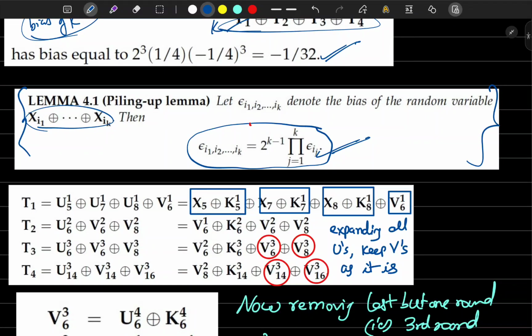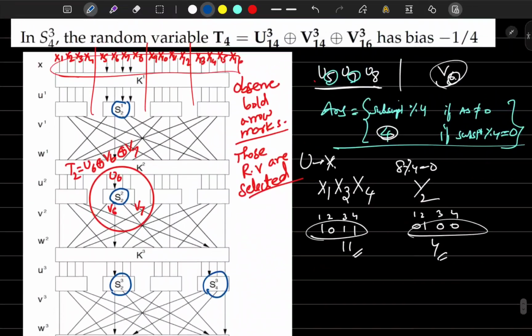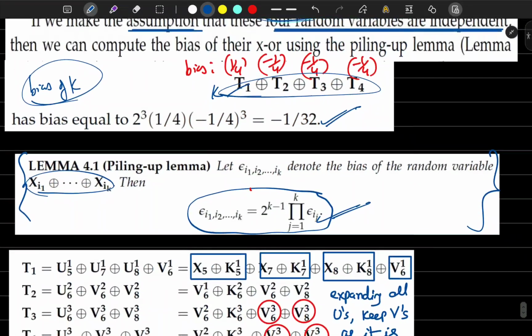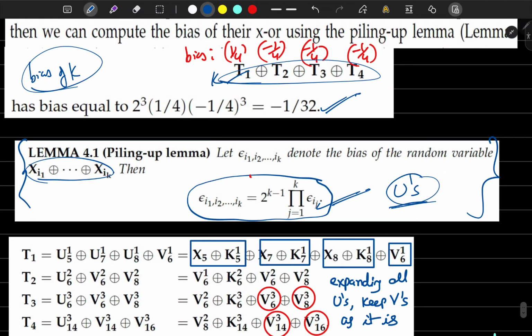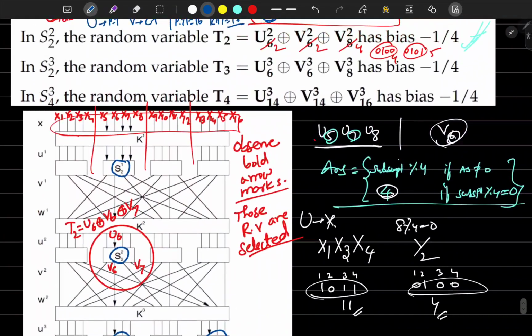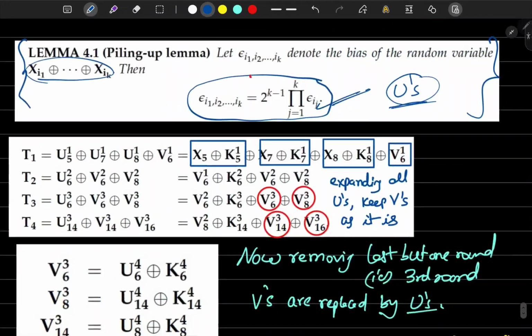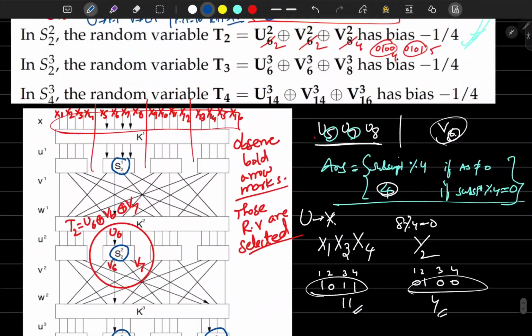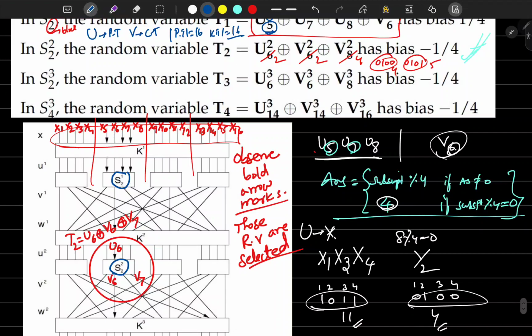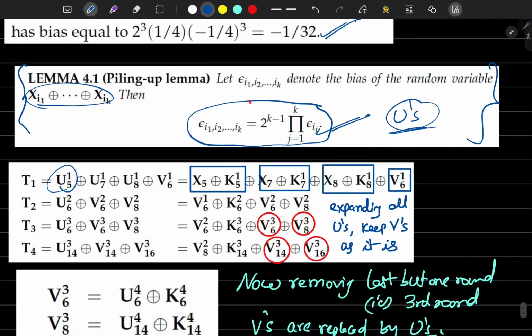So the next step, we are expanding all the u's. Wherever you see u, you represent it in terms of x. Here u15, this is called u15. How to get u15? It is x5 XOR with k15. That is what we have replaced here.